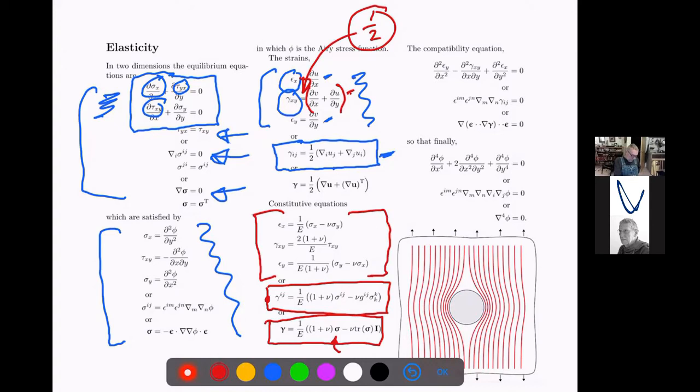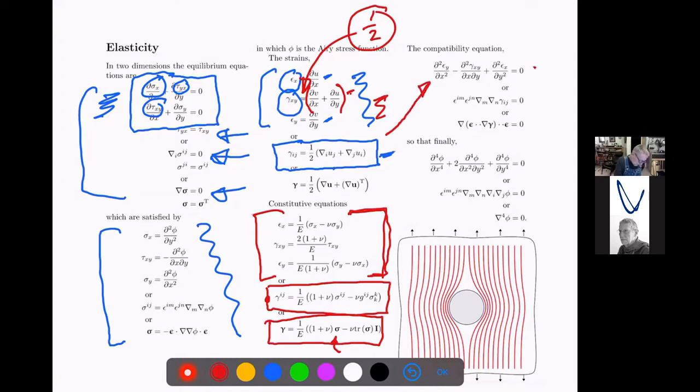Anyway, so you have these compatibility equations, you have constitutive equations, and when you combine them, from the compatibility equations, you get this.